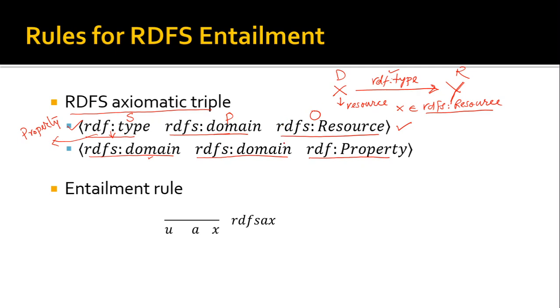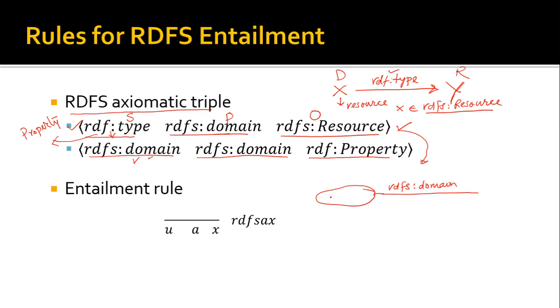Whenever we say that we are defining the RDFS domain, it has got a domain, which is a property. So let us illustrate this a bit more. We have got RDFS domain, and you are describing the domain of a property.